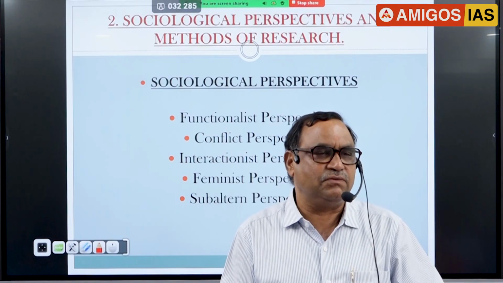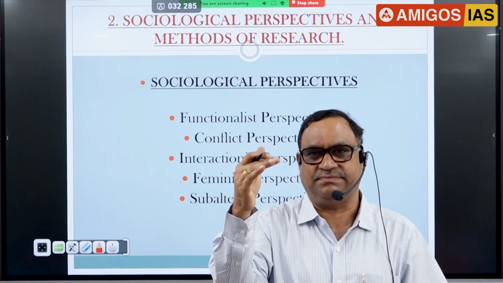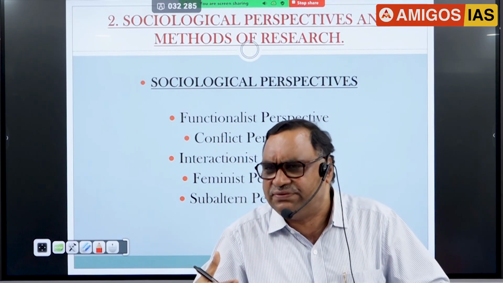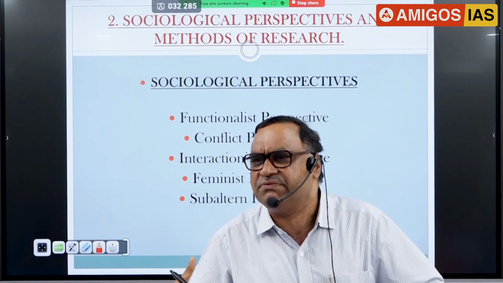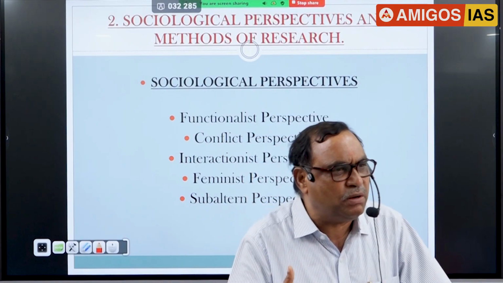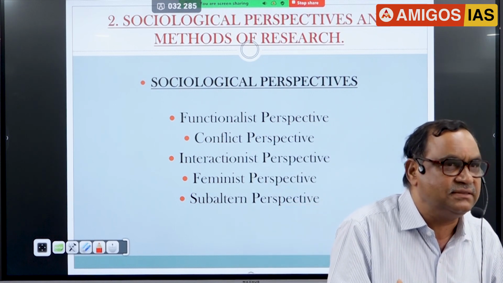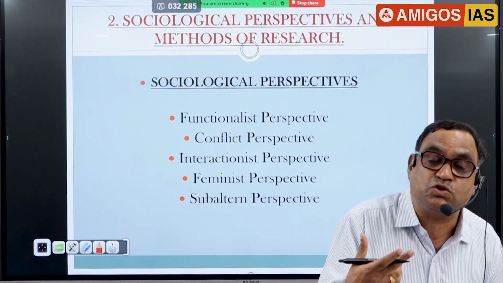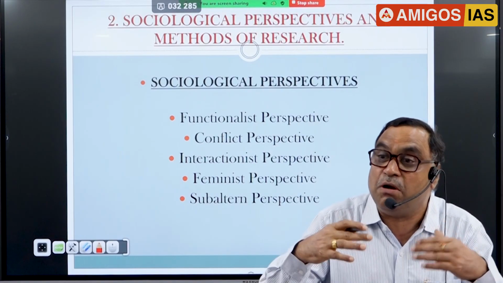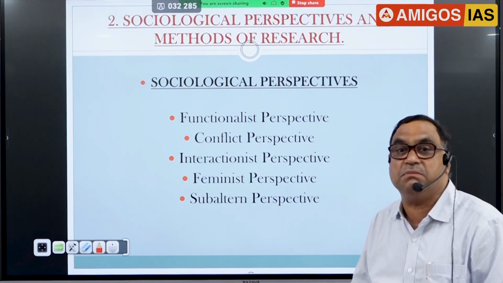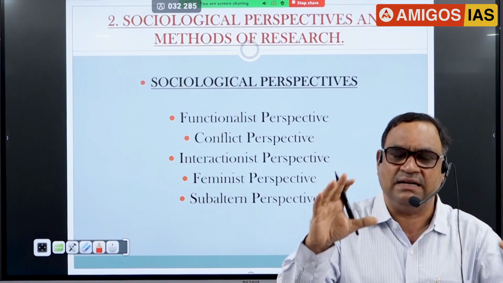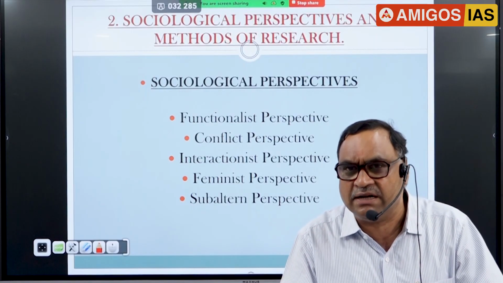That is from the point of view of the dominant caste. But if we want to understand the problems of the lower castes, more specifically Dalits, the problem of untouchability in India, then you need to understand those issues from the point of view of Dalits. That is the subaltern perspective. For example, Dr. B.R. Ambedkar used the subaltern perspective to understand the issues of Dalits in India.